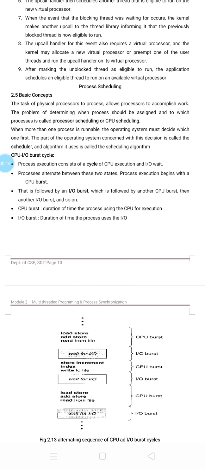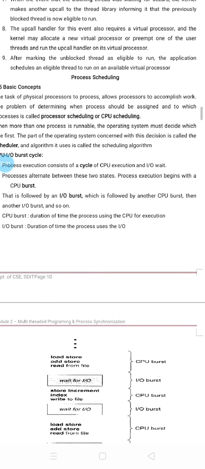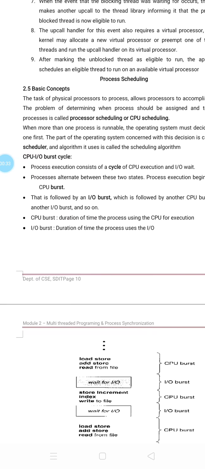What do you mean by CPU scheduling? In simple words, we have processes which are ready to execute, so giving the CPU to the process so that the process can execute is called CPU scheduling. We might have n number of processes which are ready to execute.